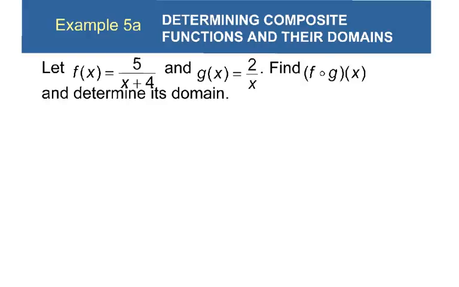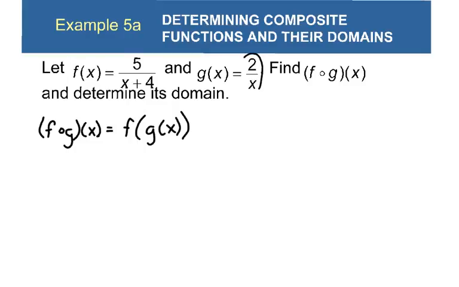These examples get progressively harder, but let's take a look at this. We are going to find f of g of x. Replace your g of x with what it's equal to.